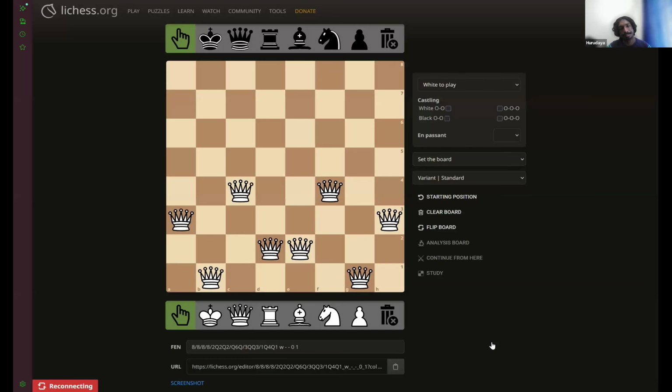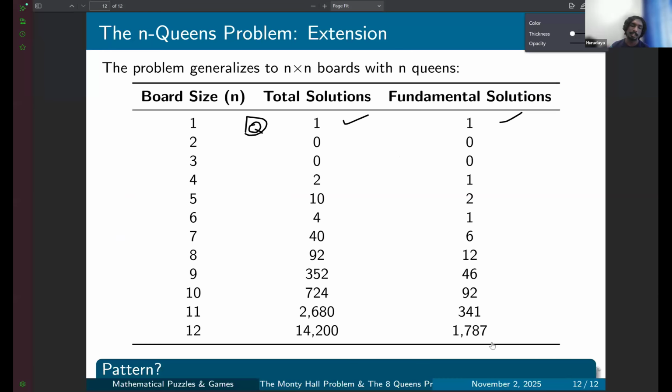But as you see, when you go to 6 again, it gets smaller. But then after that, it starts increasing exponentially, right? We had only 92 or 12 solutions for 8. But by the time you get to 12, it's 14,000 and 1,700 unique solutions. And actually, we don't have a formula to calculate this. Not one that's been discovered yet.